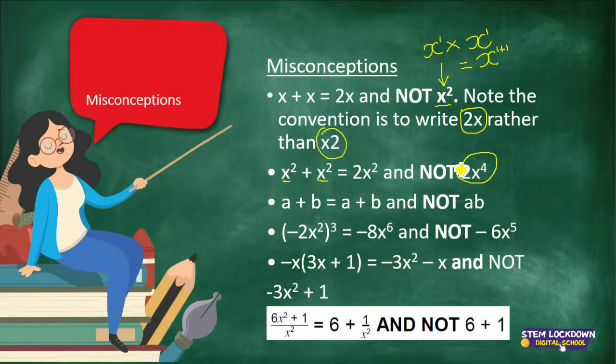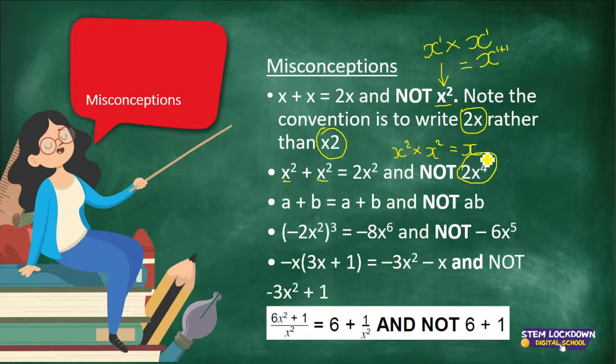Because they multiplied. In fact, if you have x squared times x squared, your answer will be, okay, here there's an invisible 1. So 1 times 1 is 1, so there's no 2, and it will be x.